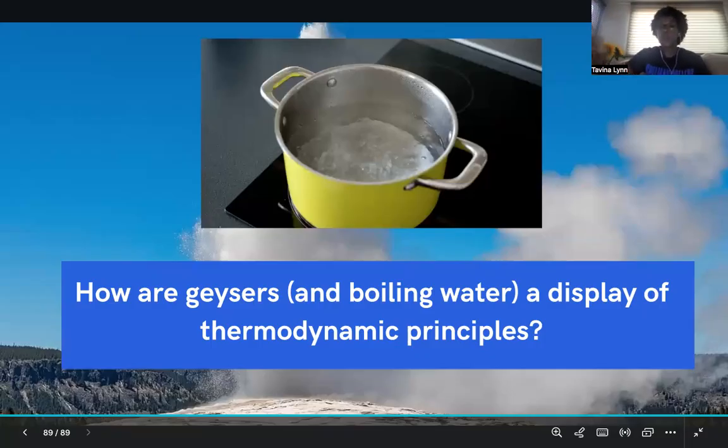Similarly with boiling water. Once we reach the boiling point of water, we go from liquid to gas. And we saw in that graph of phase changes that going from a liquid to gas increases the number of microstates that the water can be in, therefore increasing entropy as well.